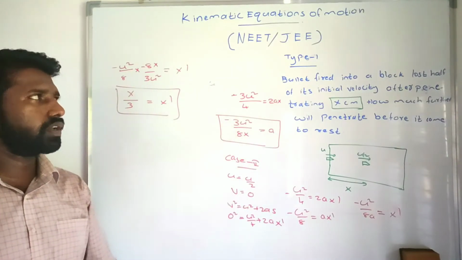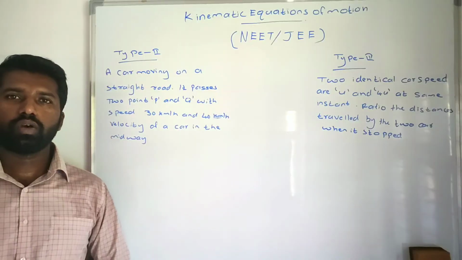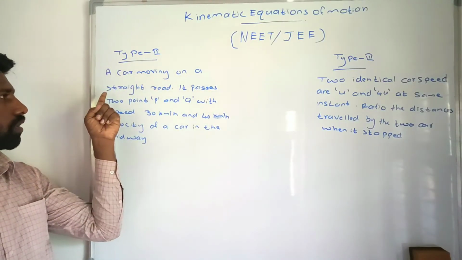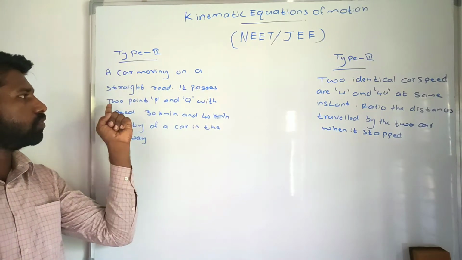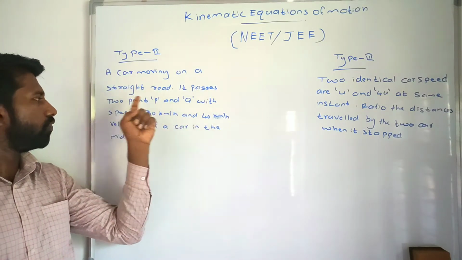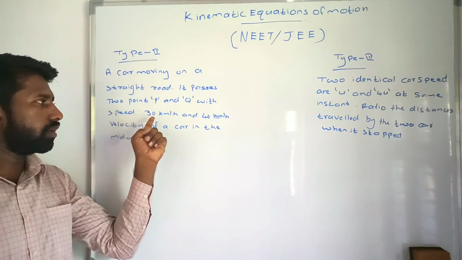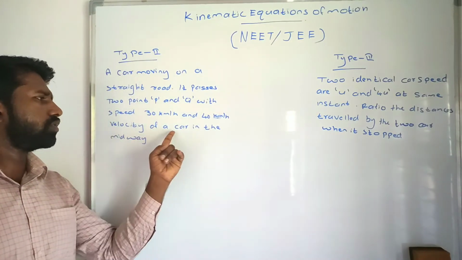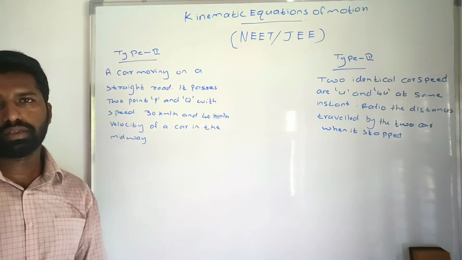This way we can solve type 1. Now we will see type 2. A car moving on a straight road passes 2 points P and Q with speed 30 km per hour and 40 km per hour. What is the velocity of the car at the midway?